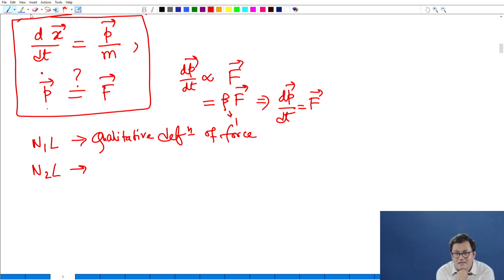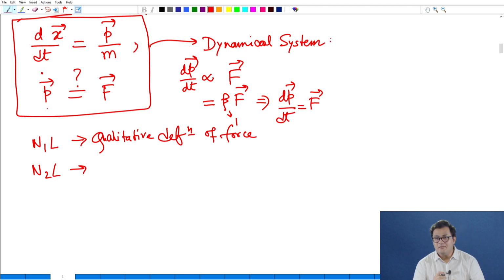These two equations are very interesting because they somehow introduce a concept which is very general in physics and in various fields like ecology, epidemiology, biology, evolution. So, dynamical system. Why is this a dynamical system? A dynamical system basically consists of two things.